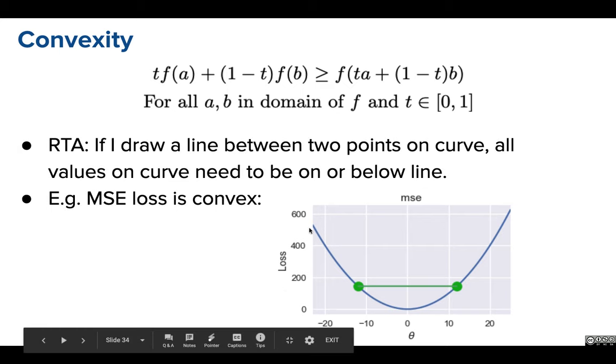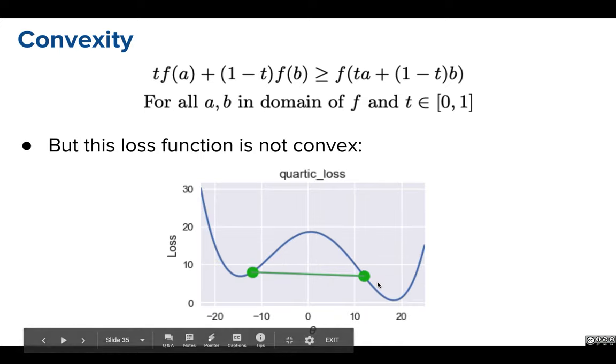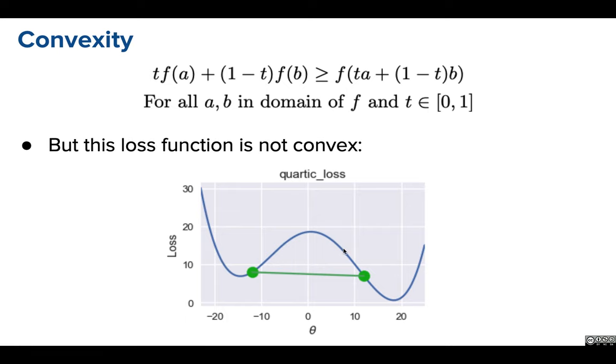No matter where I draw the line, no matter where I connect the dots, the curve will always be below or equal to this line, and that's the definition of convexity. Likewise, this function is not convex, because if I draw the line here, the curve goes above the line, and so gradient descent is not guaranteed to find the best minimizing loss.